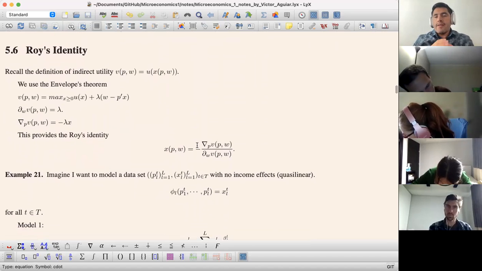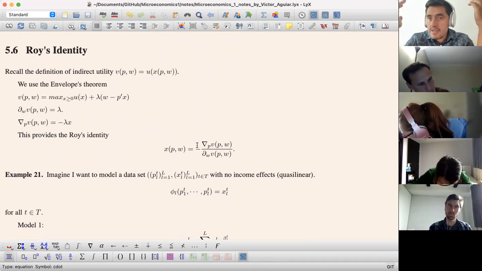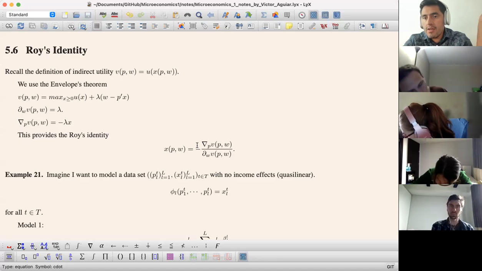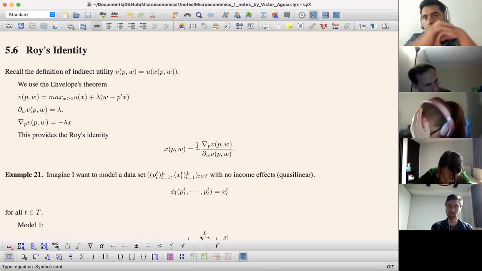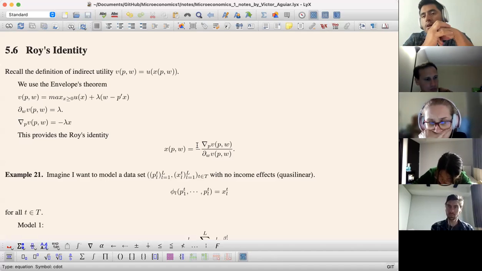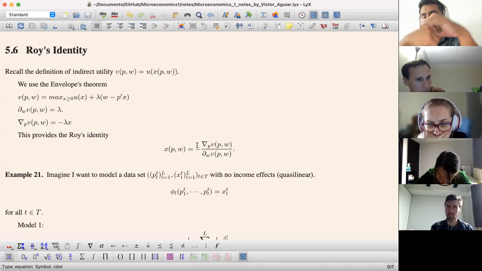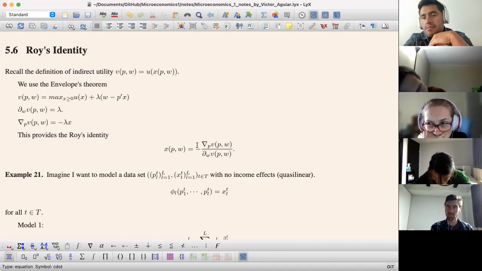Perfect. So again, the indirect utility is an important object that will be used for welfare evaluation. This is one key job of economists. So for instance, when you are hired by the World Bank, and they want you to do a tax evaluation. How do governments know which tax scheme is better?